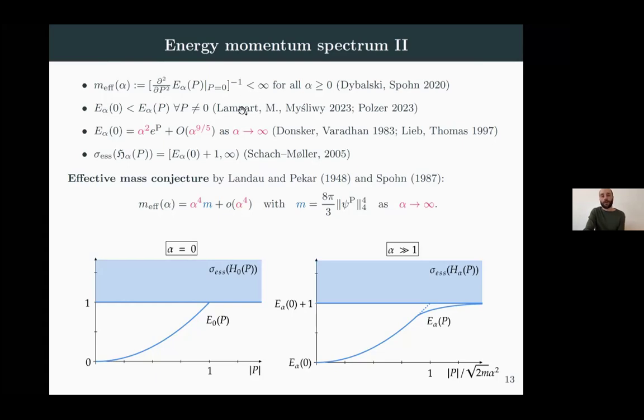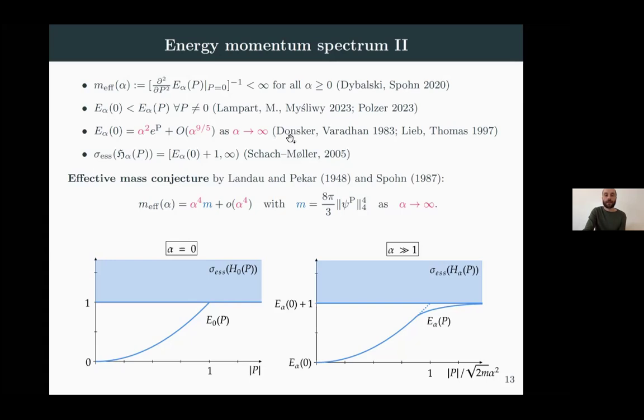Then in a recent paper in collaboration with Jonas Lampert and Christoph Mischli, we showed, and independently Stefan Polzer, who used very different methods from probability theory, that this energy-momentum relation attains its minimum uniquely at momentum P equals 0.